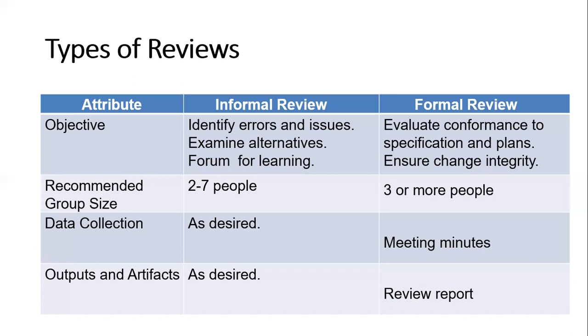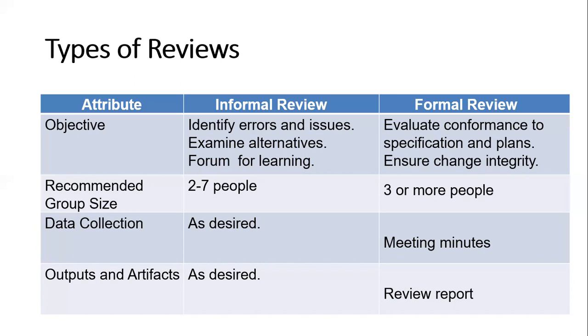In the informal review, the group size is usually 2 to 7 people. But in the formal review, it can be 3 or more. The main difference between informal and formal review is that in the informal review, the process is not strictly followed.